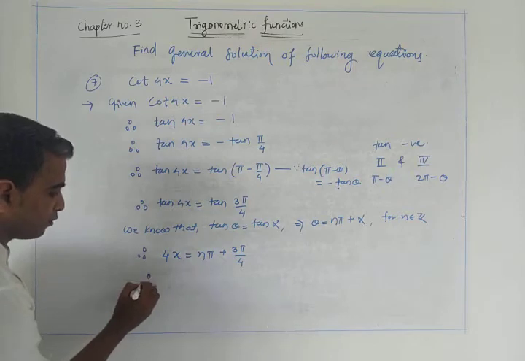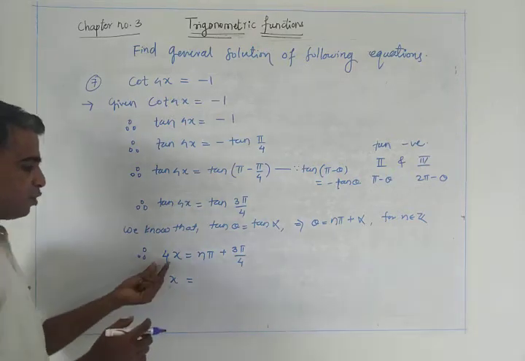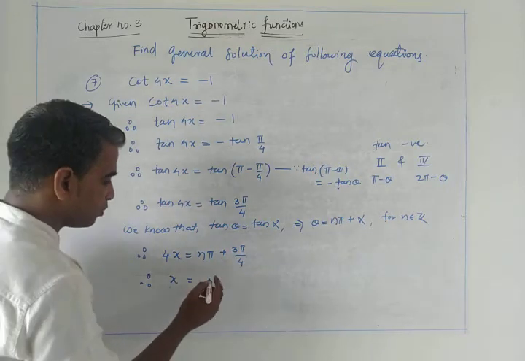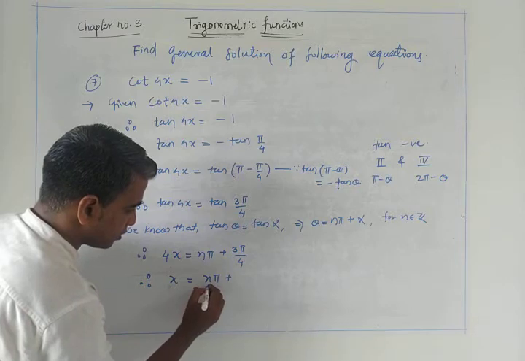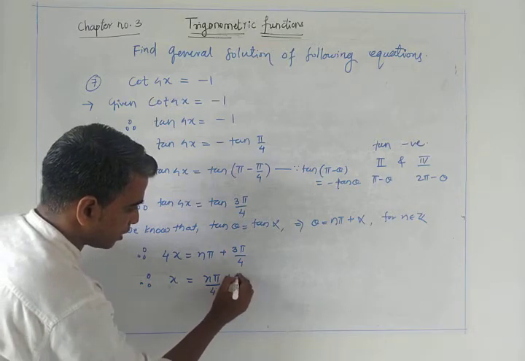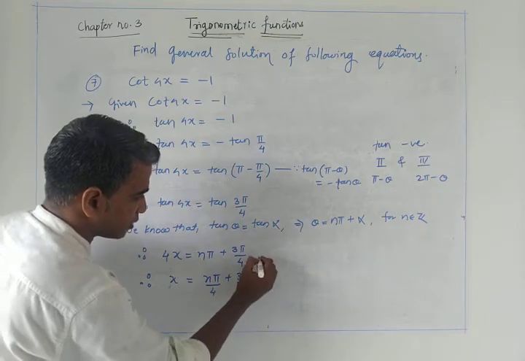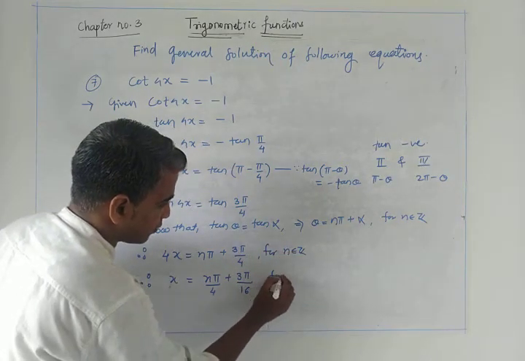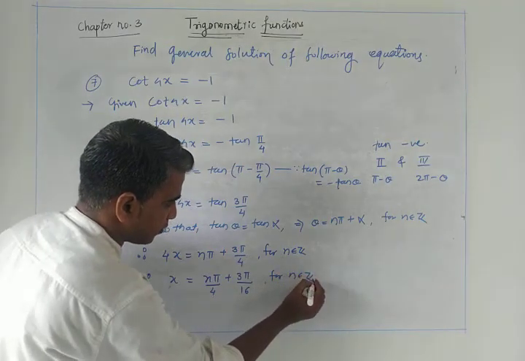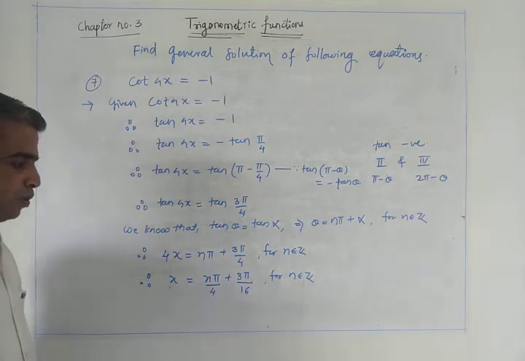And now we are going to find the value of x. Shifting the 4 from left to right, we have to divide, so x is equal to n pi upon 4 plus 3 pi upon 4 into 4, that is 16, for n belongs to Z. Okay, so this is the required general solution.